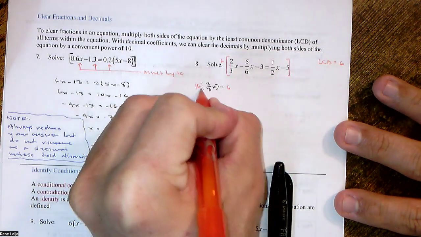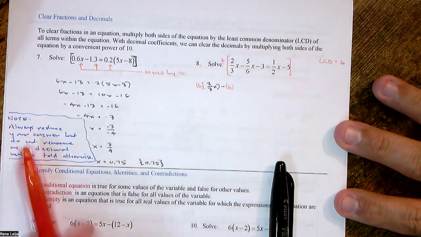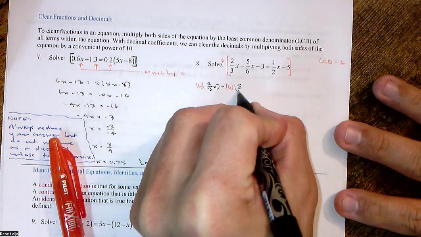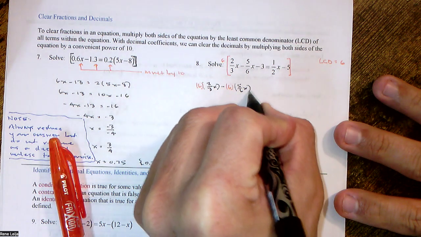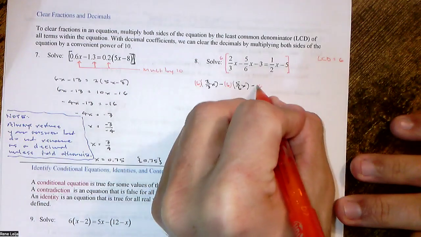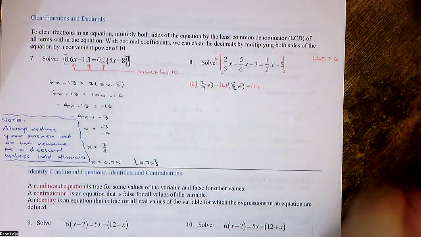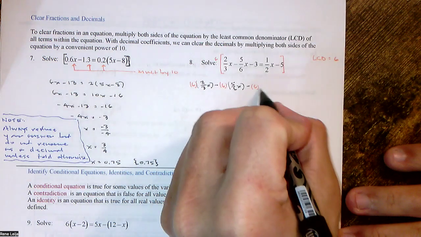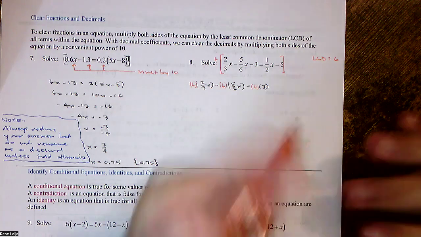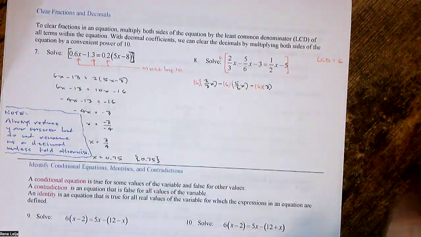Let me go ahead and put these in parentheses. Minus 6 times 5/6 x, minus 6 times 3. Now remember, even the numbers that do not contain fractions, you must still multiply those by your LCD.